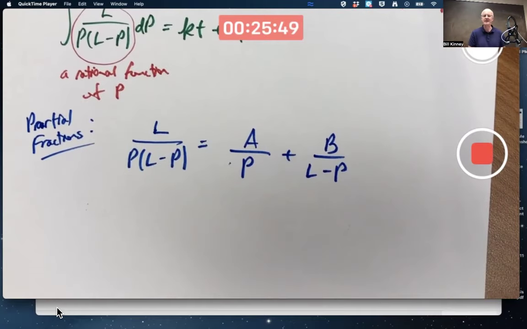We'd like to break apart this fraction, break it up into partial fractions. Kind of a silly name, but we're stuck with it. We'd like to find A and B where this is true no matter what P is.